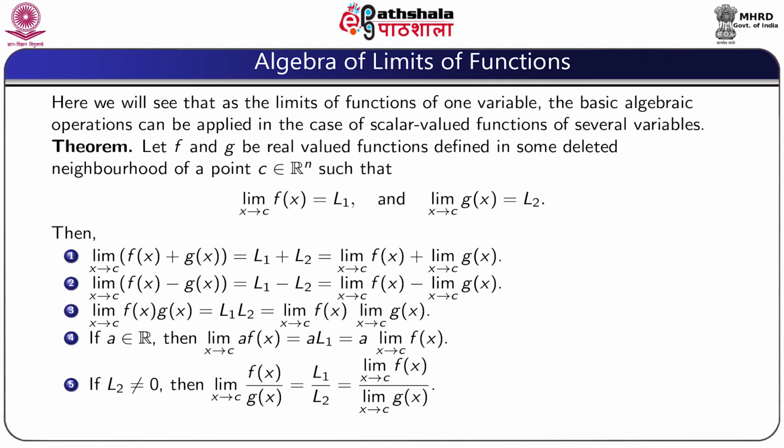If a is any real number, then the limit of the function a f(x) as x approaches c is a times L1. And finally, if L2 is different from 0, then the limit of the function f(x)/g(x) also exists as x approaches c and its value is L1/L2. That is, if the denominator limit does not vanish, then the limit of quotient equals the quotient of limits.